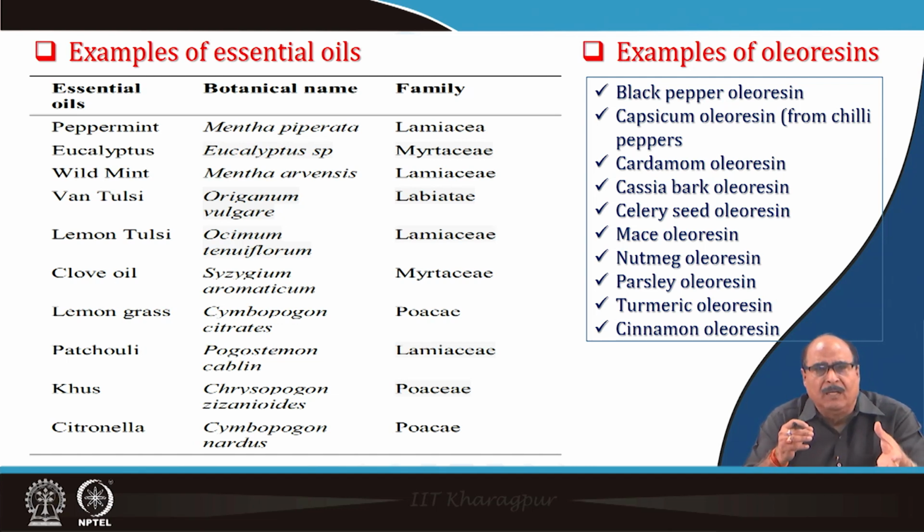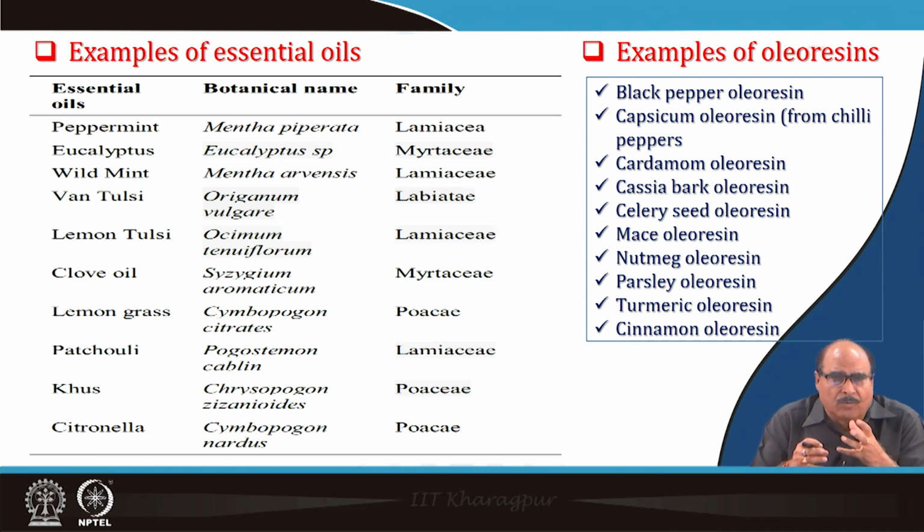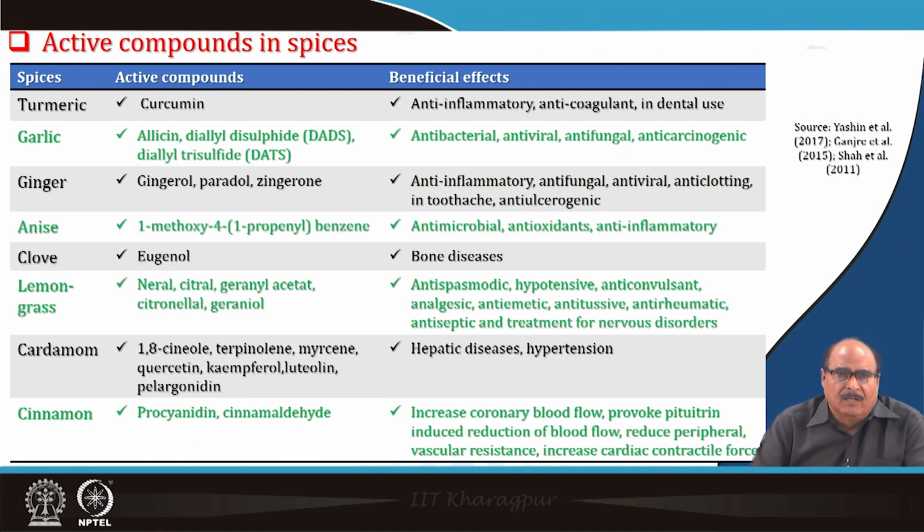These are some of the common categories of materials known for their essential oil content. The oleoresins are like black pepper oleoresin, capsicum oleoresin, cardamom, cassia bark, celery seed, mace, nutmeg, parsley, turmeric, cinnamon. All these are used for making oleoresins.